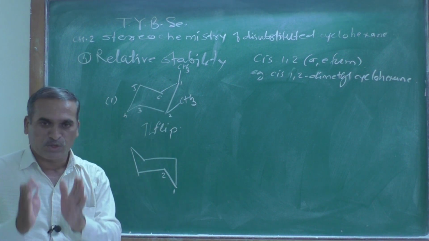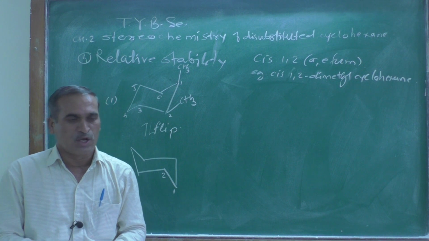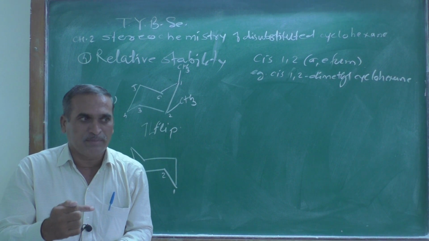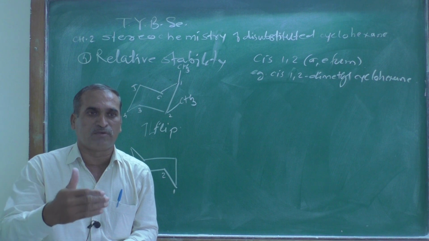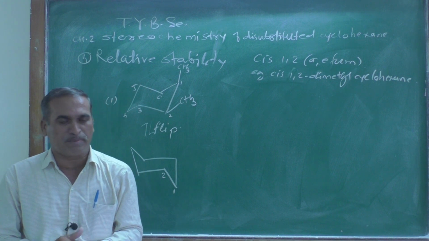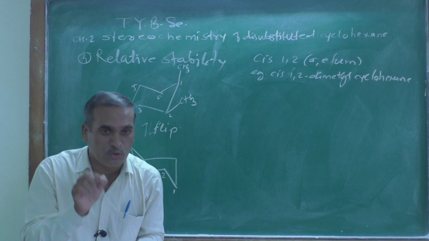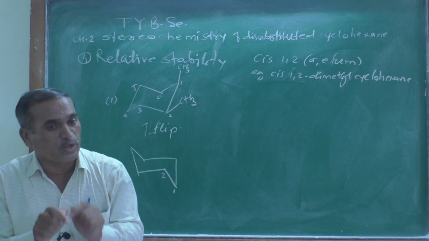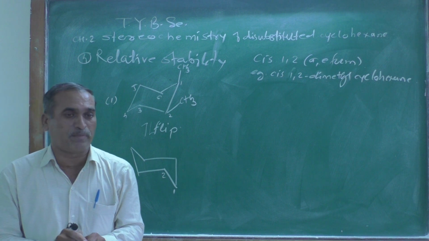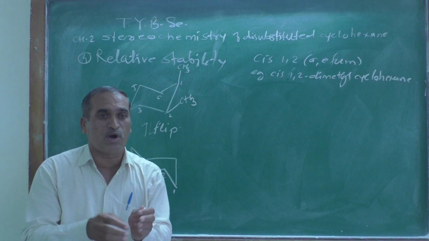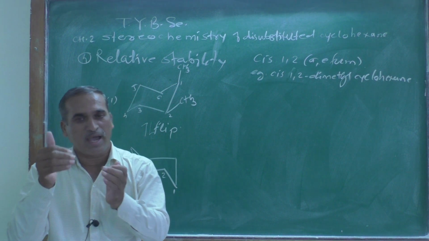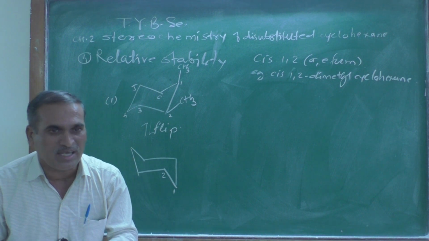Now flipping, as we know, is a process where one chair conformation is converted into another chair conformation. Do you remember what happens during the flipping process? Axial bonds become equatorial and equatorial bonds become axial.